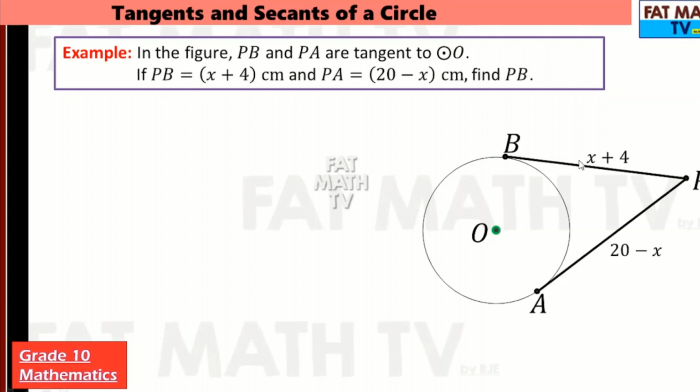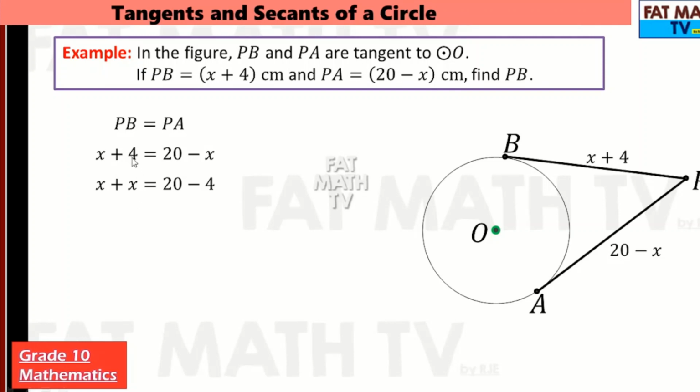Find PB. So the previous theorem states that these two are congruent segments, so their measures are equal. So x plus 4 equals 20 minus x. Solve for x. If we put negative x to the left side of the equation, it's going to be positive x.